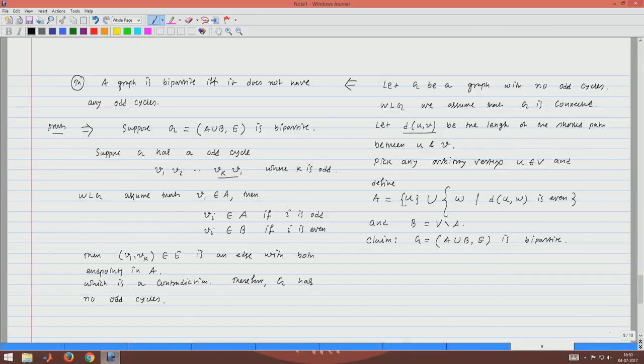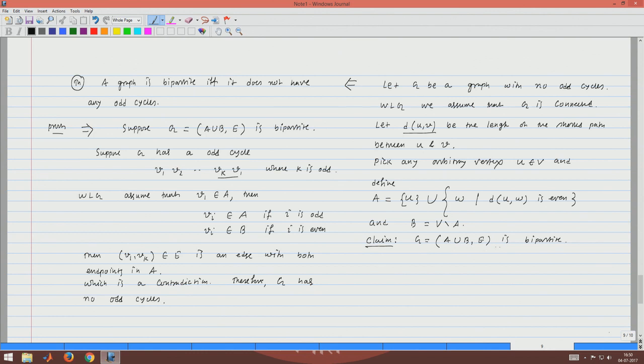So, what you do is that you pick one vertex arbitrarily, denoted by u here, and then A is the set of all vertices which are at even distance from u. Distance means shortest distance, length of the shortest path, and B is the set of all vertices which are at odd distance from u, and we claim that this is bipartite.